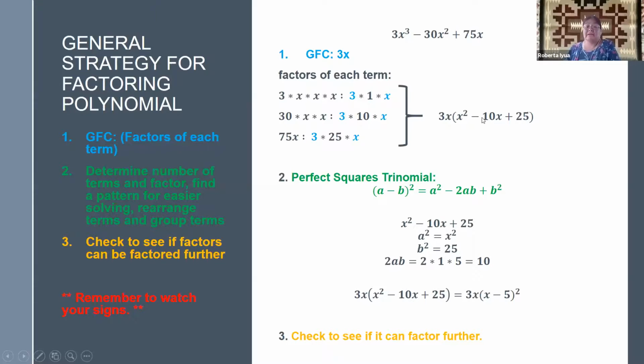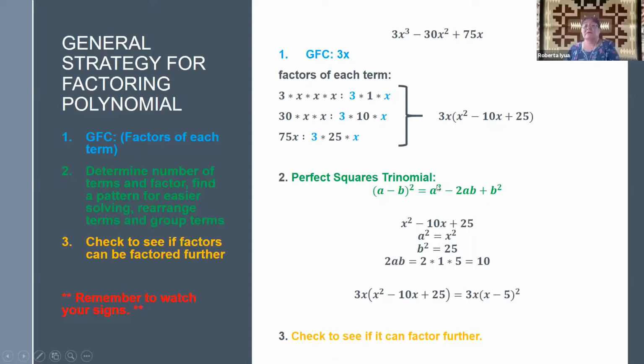Looking at your x squared minus 10x plus 25, it looked like one of the perfect square trinomials, a minus b squared. We're just going to find the factors of your first coefficient and your last coefficient.